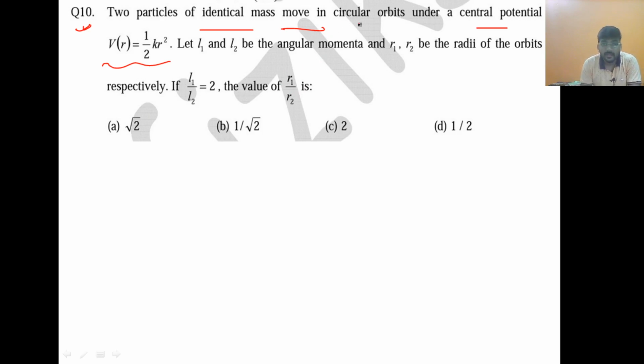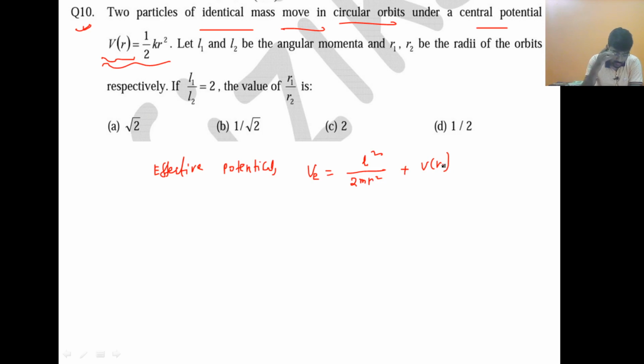And here given that circular orbits and central force potential is also given. So we need to find out what is the effective potential. We know that the effective potential V E will be L square divided by twice m r square plus the central force potential, that is V of r.